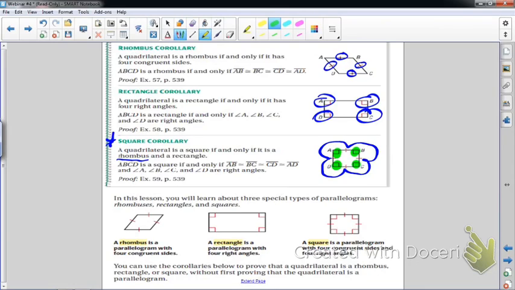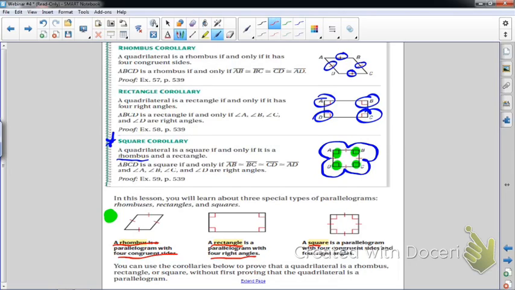Very important to understand the difference between a square, a rectangle, and a rhombus. So I'm going to go down here. It says a rhombus is a parallelogram with 4 congruent sides. A rectangle is a parallelogram with 4 right angles.